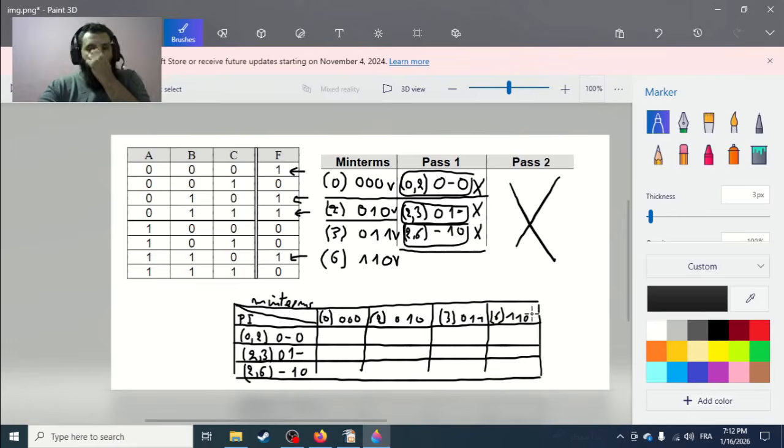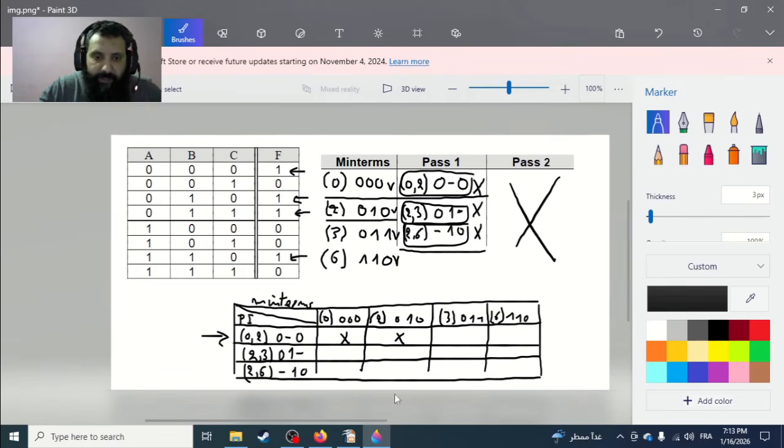Now, what we have to do is mark, for each implicant, which min terms it covers. For instance, this prime implicant covers the 0 and the 2. It covers this one and this one.